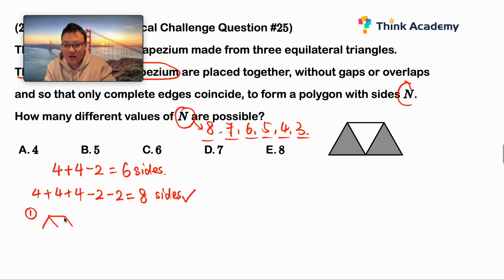And of course, you can put one of the trapezium at the top, in the backward direction, right? And guys, if you count it, you got 8 sides. So 1, 2, 3, 4, 5, 6, 7, and 8. So that means for 8, we can get that, right?